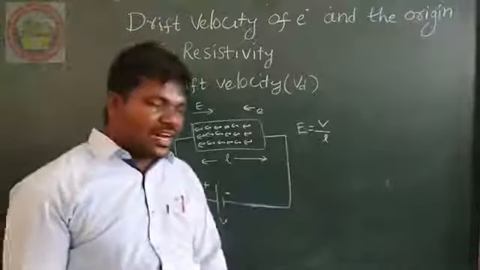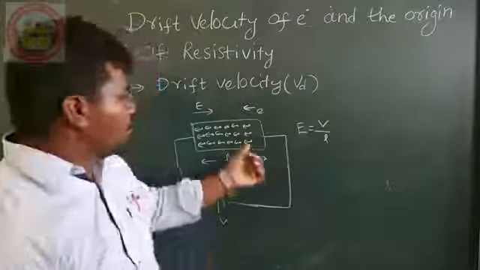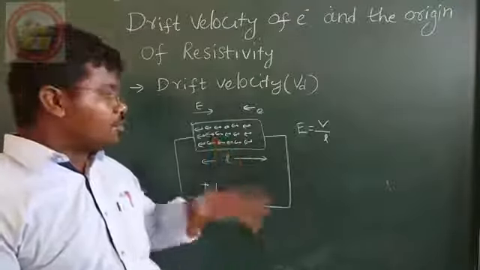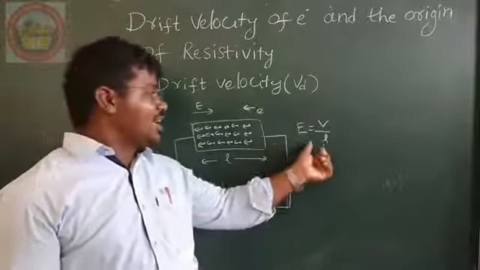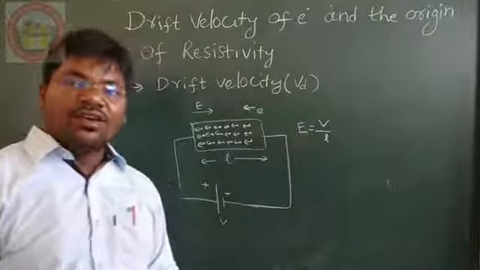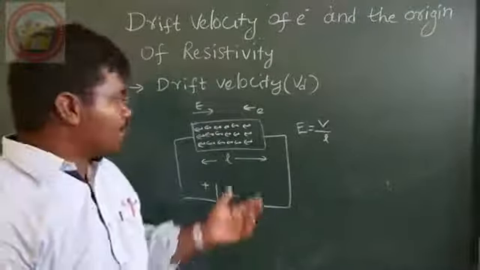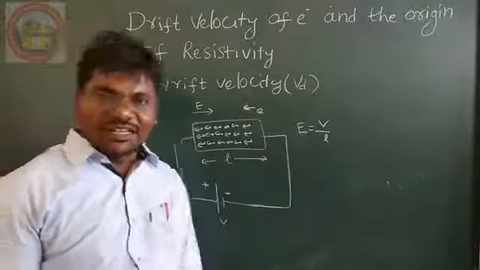So if electrons are moving from one direction to another direction, due to the force, this electric field causes the force which is required to move from one point to another point inside the conductor.